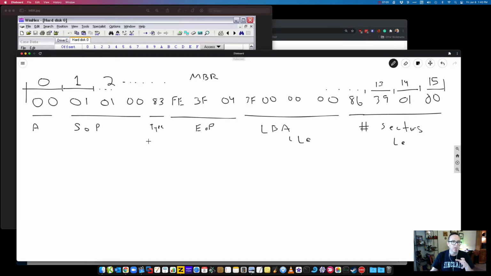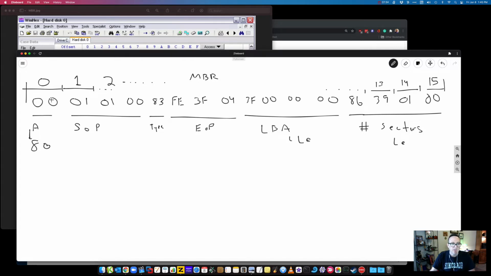The master boot record partition entry is 16 bytes, and it is broken out into separate sections. Here you can see I've written out a basic master boot record, and we're going to walk through it real quick, do it the best we can. So byte 0 is going to be either an 80 or, in this case, a 00. 80 means it's active, 00 means it's inactive.